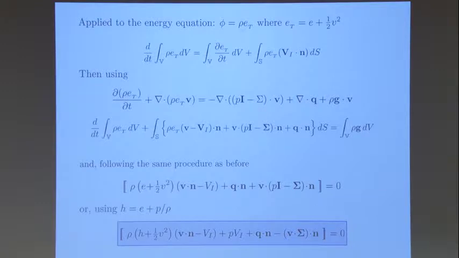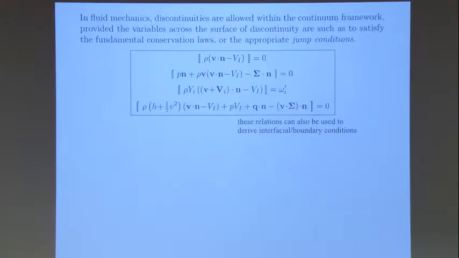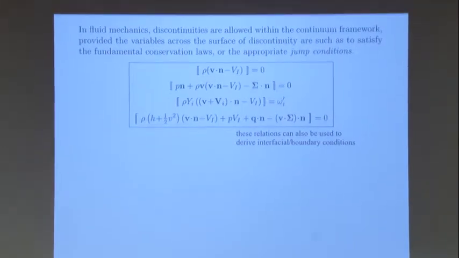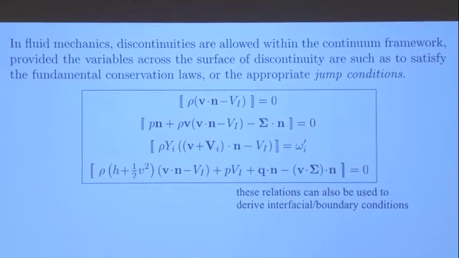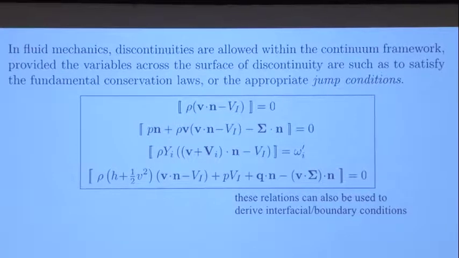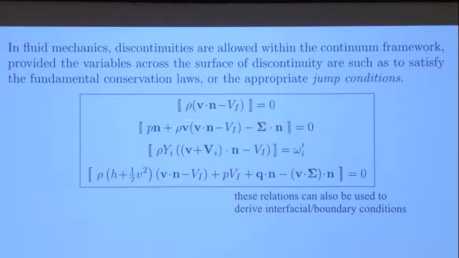I'm not going to discuss too much of that now, but I think I have a simple example to illustrate the idea soon. So here are the jump relations that you will get, which involve mass, momentum, species i, and energy, written in the form of using the enthalpy and so on.